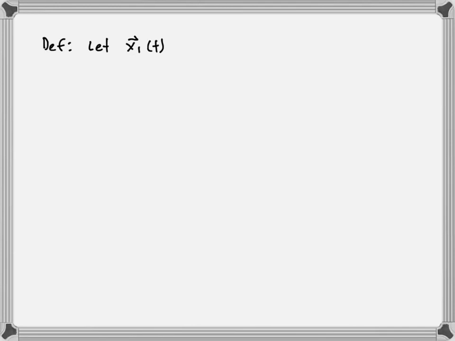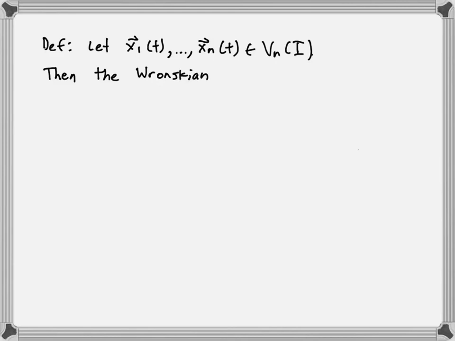Let x1 of t all the way to xn of t be vector functions in Vn of I. Then the Wronskian of these vector functions is, so this is how we write it.